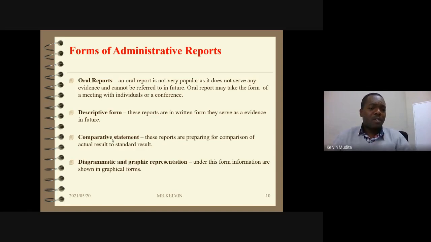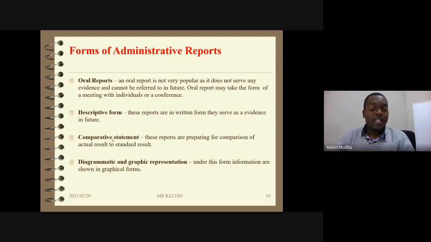Then you may report in the form of diagrams. I think we have seen diagrams, graphs, graphical presentations, or just pictures. They're a form of report, other than writing paragraphs and paragraphs.